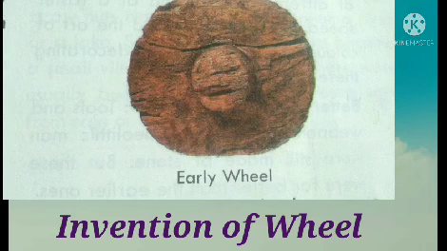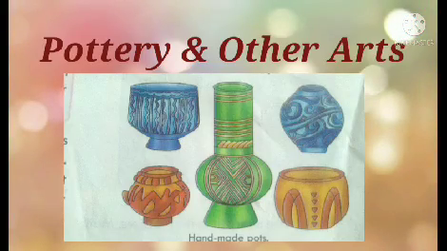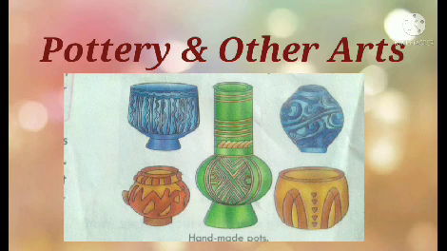And the wheel was also used for making beautiful pots, pottery, spinning and weaving, and it also helped in the development of art and craft. Pottery and other arts: the man in the New Stone Age needed pots for his daily use. So he began to make pots from clay and dried them in the sun.